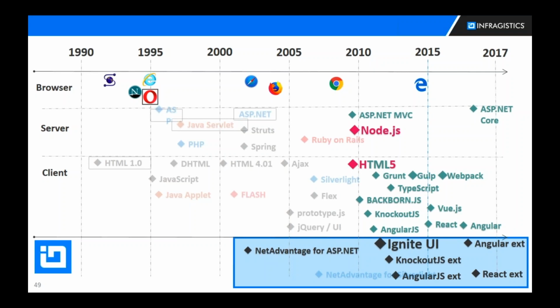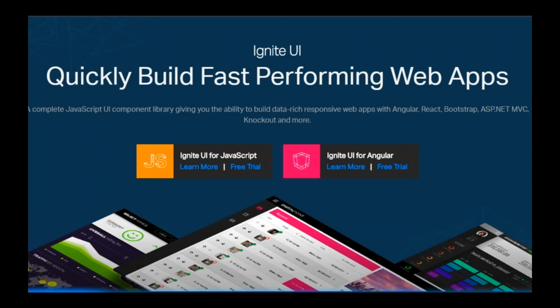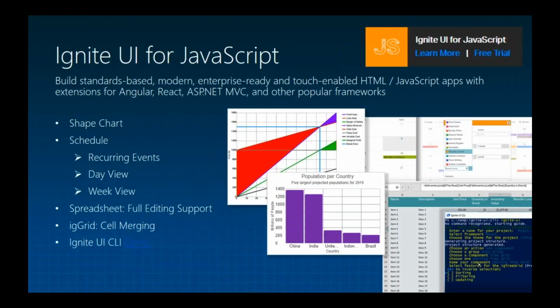So we have been providing these capabilities to the market. And today, Ignite UI is the one you want to take a look at for modern web application development. There are two products included in this Ignite UI brand. I'm going to explain them one by one.